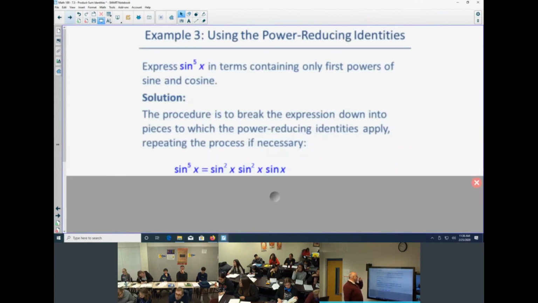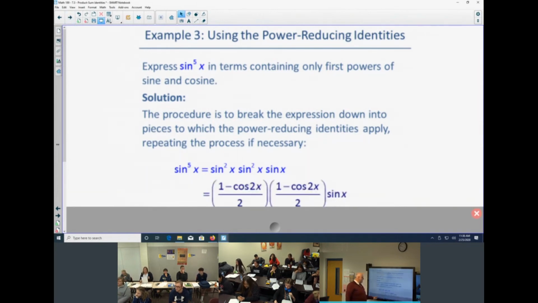All right. So this is express sine to the 5th x in terms of only the first powers of sine and cosine. Well, if I write sine to the 5th as sine squared times sine times sine, then what I'm going to do is use that power reducing formula twice.